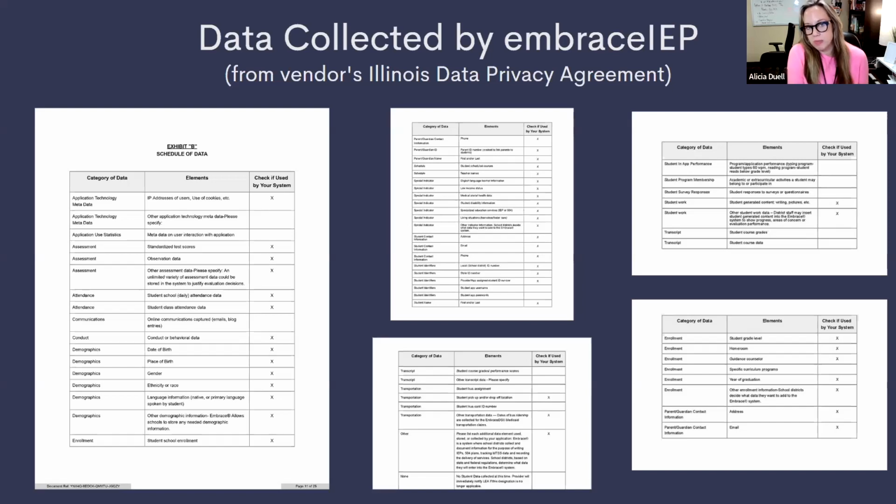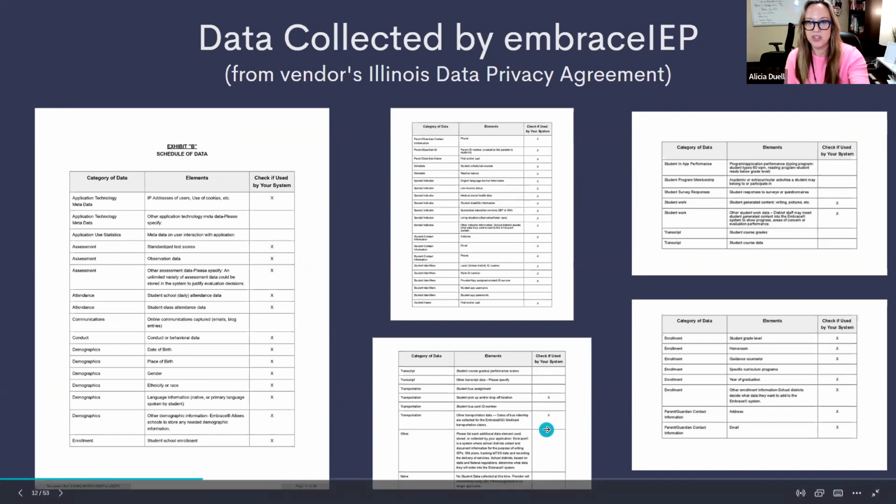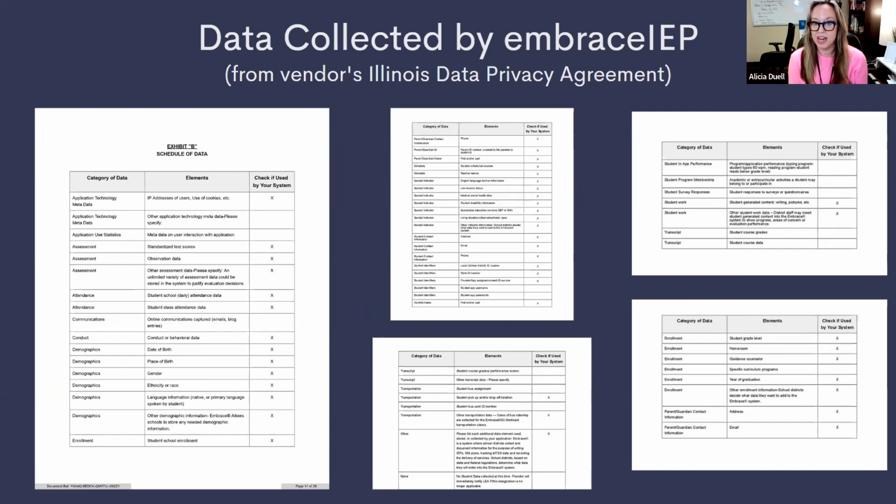Some, like learning platforms, might only collect name and student's grade and maybe their username, not a lot of data. But some, like this is Embrace IEP, which many districts use, or something similar. This collects a ton of data. So I just want you to look at that last column and all the pages that has all the X's. So in Embrace IEP, they pretty much collect any kind of data that there is out there.